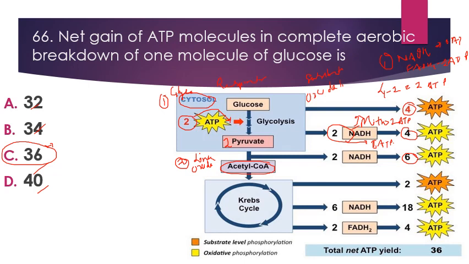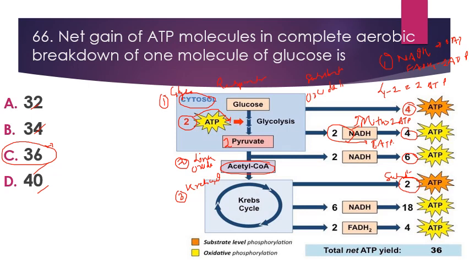Then the third step in aerobic respiration is the Krebs cycle. During the Krebs cycle there is formation of 2 ATPs at substrate level, called substrate level phosphorylation, and these 2 ATPs can be directly utilized.